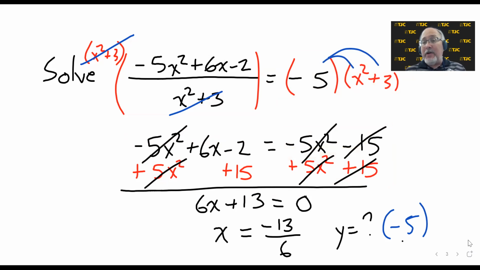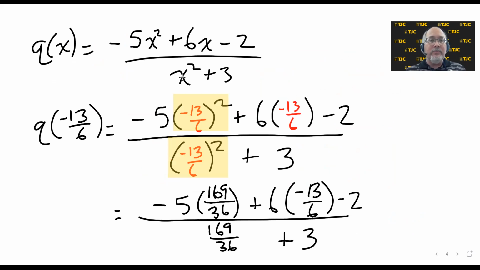Again, right now I'm just trying to figure out where I went wrong. Our function was negative 5x squared plus 6x minus 2, correct? Yes, over x squared plus 3, that is correct. I put a negative 13.6. Did I bring everything else down? Negative 5 came down correctly, plus 6x became plus that, minus 2.